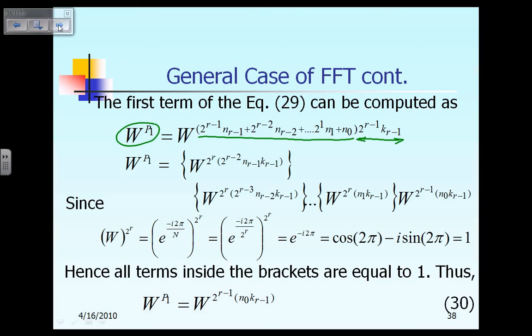And the way to do it is like this. First, you take the first product of the first parenthesis, you multiply with this term. That will give you the red term that I show you right there for w raised to the power p1.